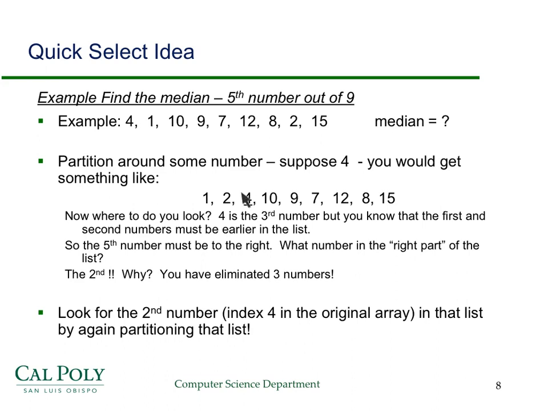If we do that with this data set, we'll get the partitioning where we have 2 numbers before the 4, and then the rest of the numbers that are bigger than or equal to 4 after it. Now, 4 is the third number. The 3 is what's going to be returned by the partitioning algorithm.